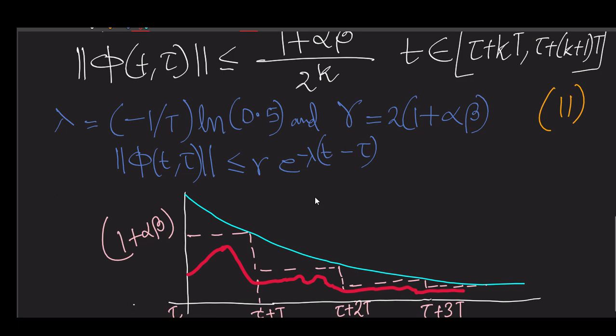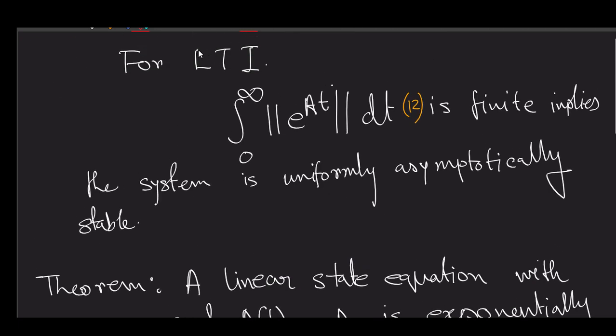Now, obviously, considering shortly the LTI system, what we observed in our last video: for LTI, phi(t, sigma) is equal to A to the power t minus sigma, right?